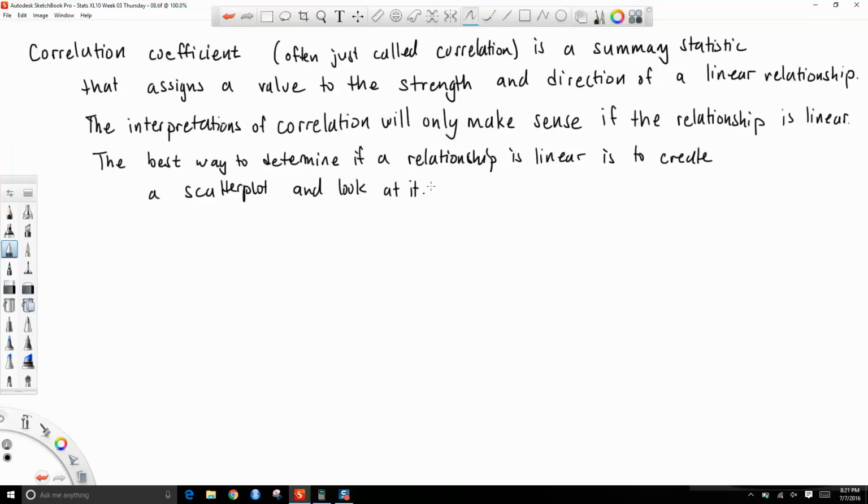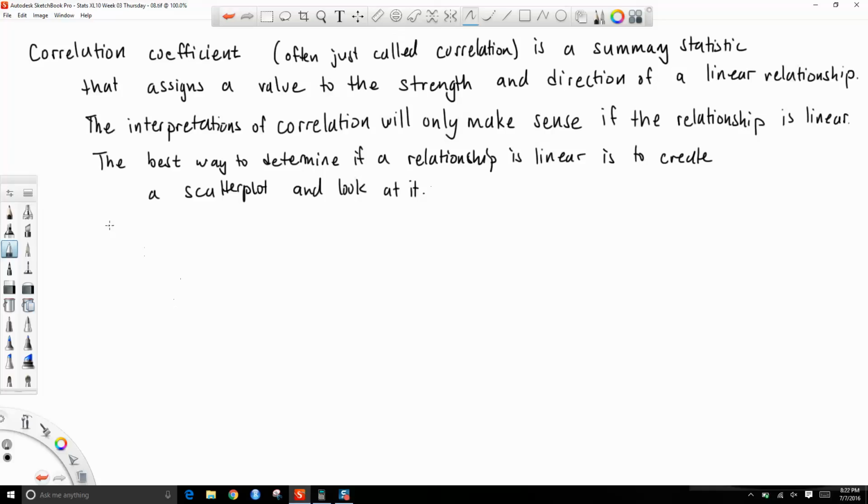Correlation can be calculated. It's just the result of a formula. It can be calculated for nonlinear relationships, but if you calculate it for a nonlinear relationship, it just won't have any meaning, okay?